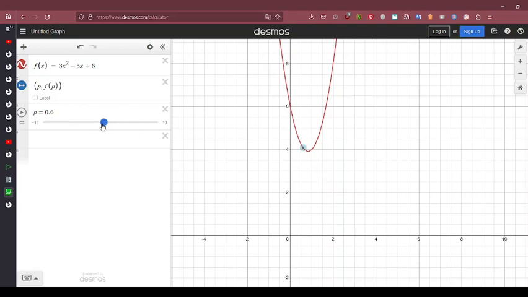But when P is, for example, right there, somewhere near the very tip of the curve, or the vertex point, you will have a tangent to the curve that goes somewhere like this. Okay?